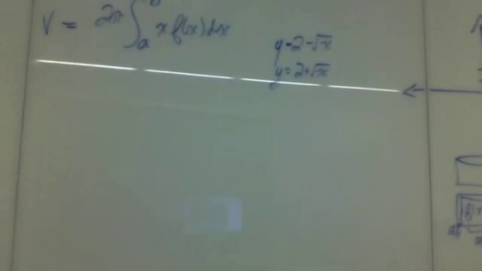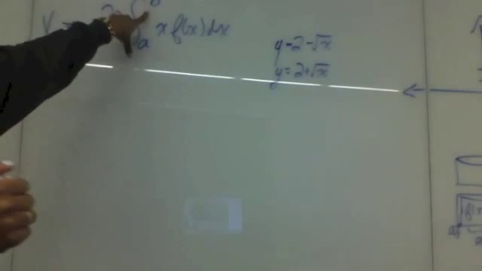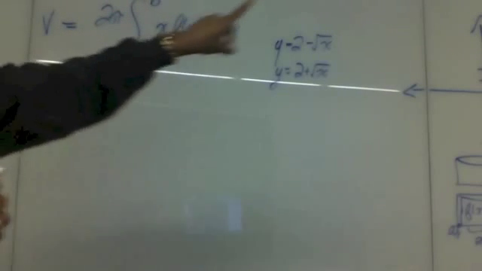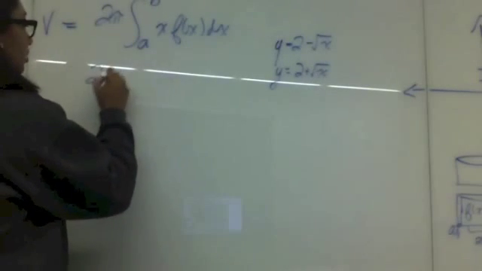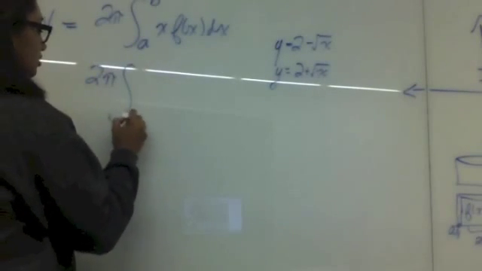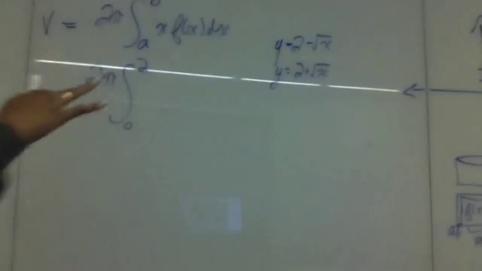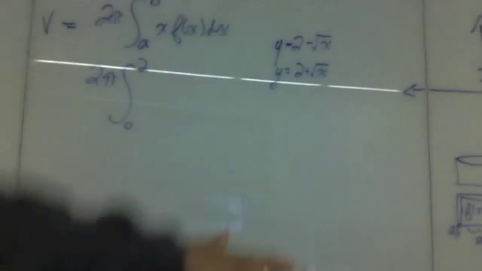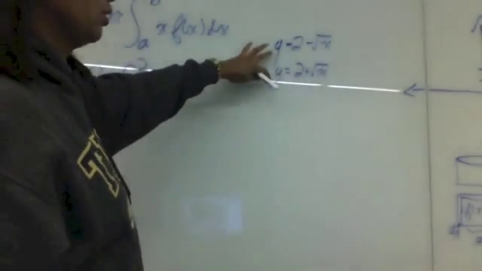Okay, so we have 2 pi from a to b. And our a to b is going to be our intersections. And so from our graph, we know that it intersects at 0 and 2. And we can't write x here because we've evaluated our graph at y. That's why we calculated these 2 points at y.